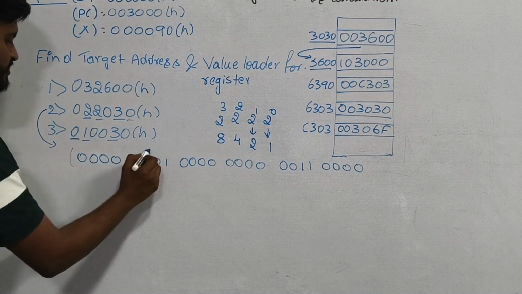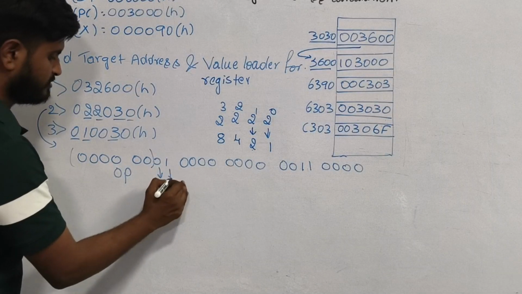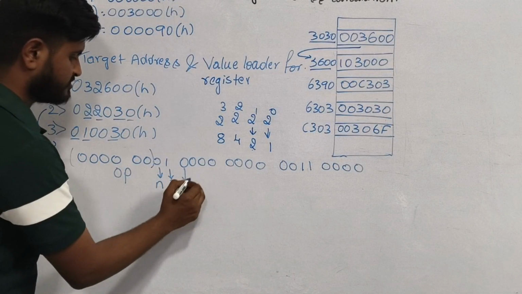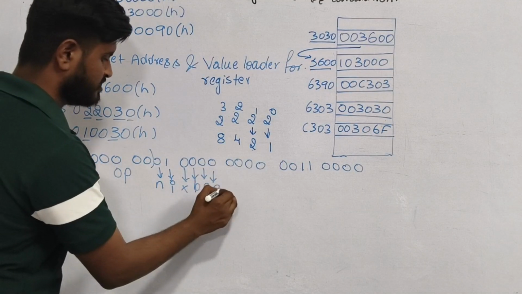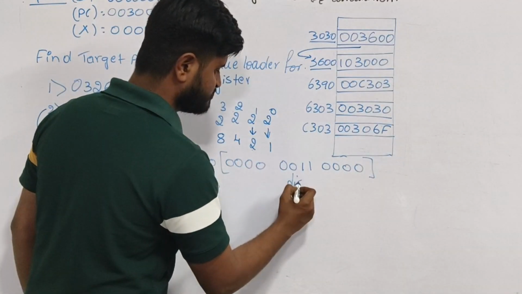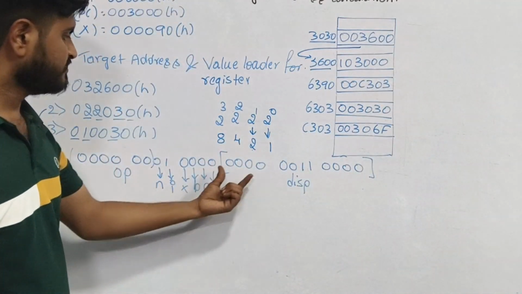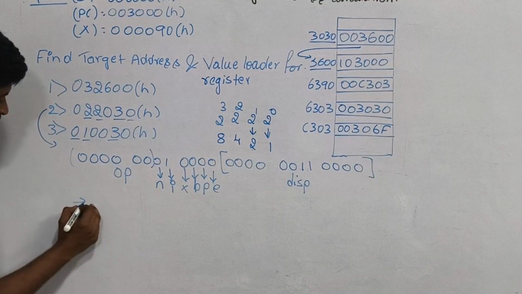The first 6 bits are the opcode. Next this will be N, I, X, B, P, E. And all these will be considered as the displacement values. Since there are 12 displacement bits, you can call it format 3.